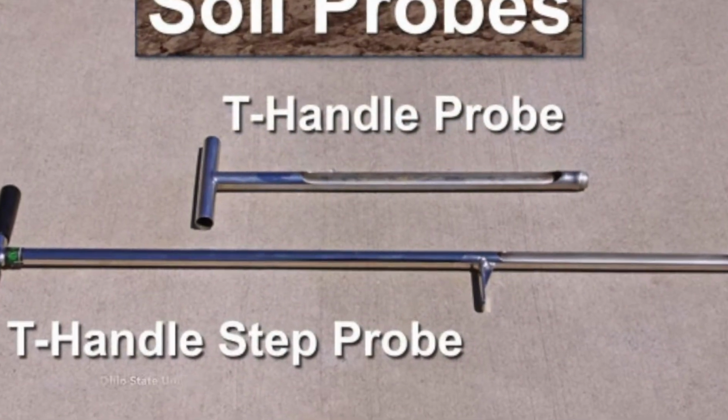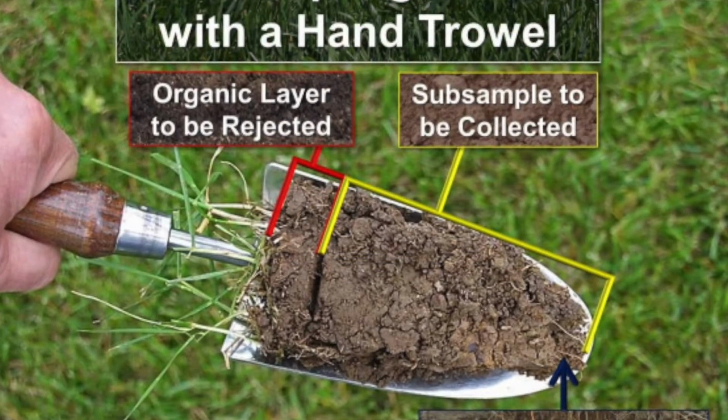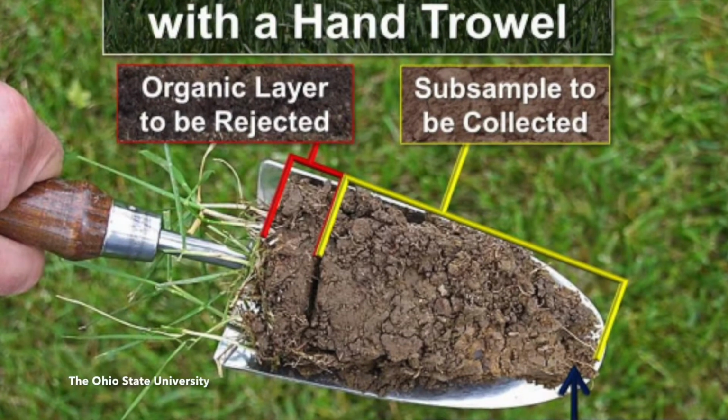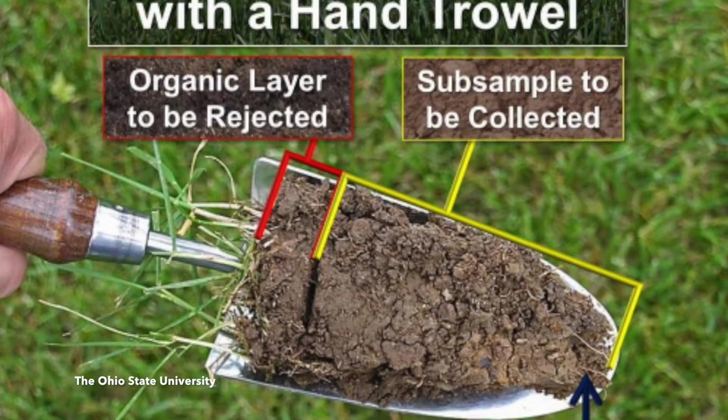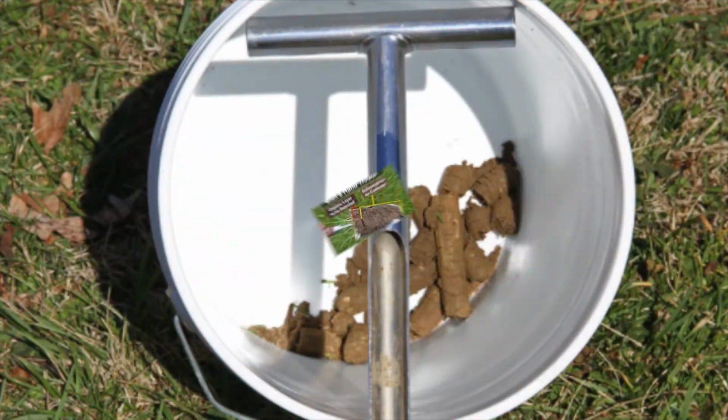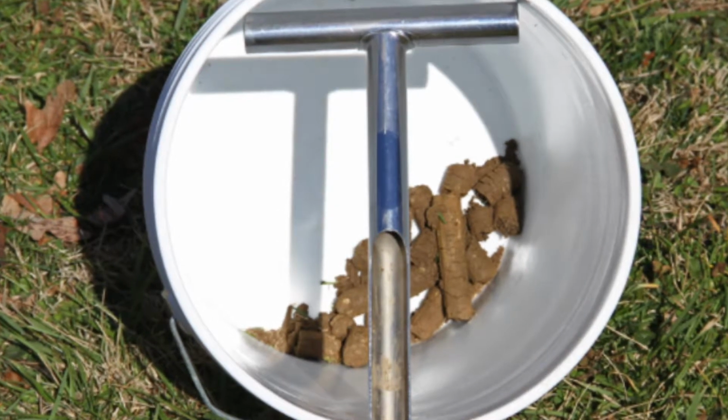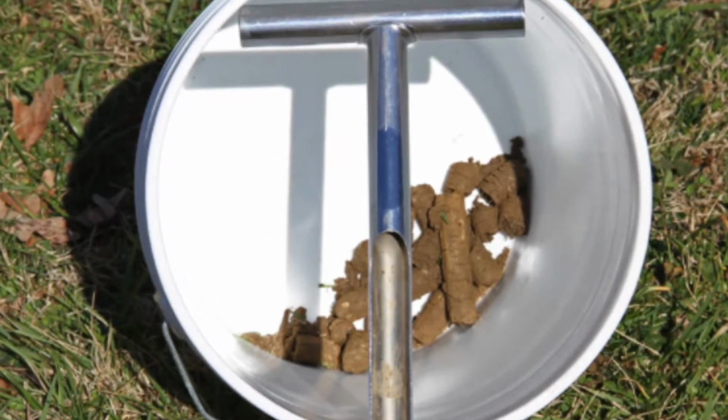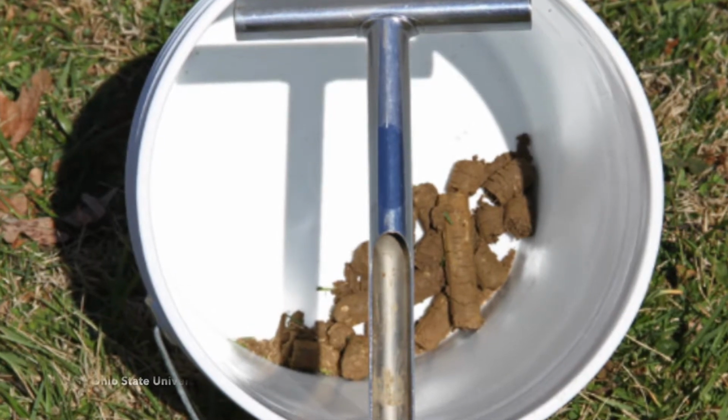When collecting soil for soil sampling, take a bucket and a round point shovel or trowel. Dig 3 to 6 inches in depth where the roots are. Place and mix all soil subsamples in a clean bucket.